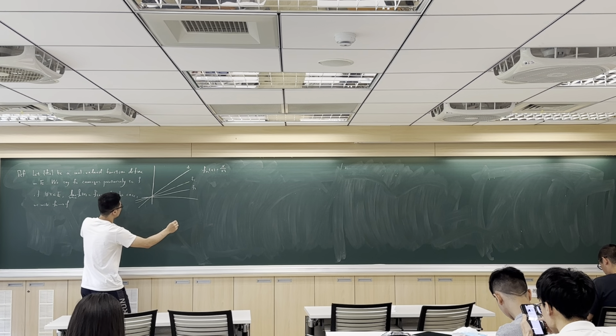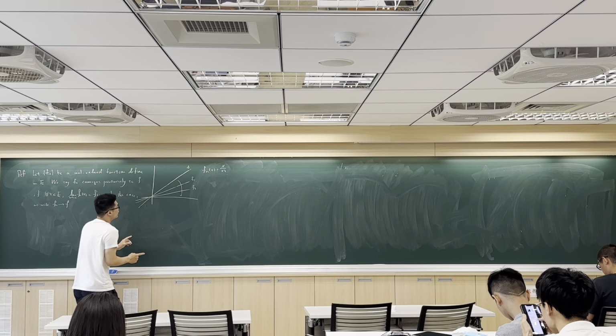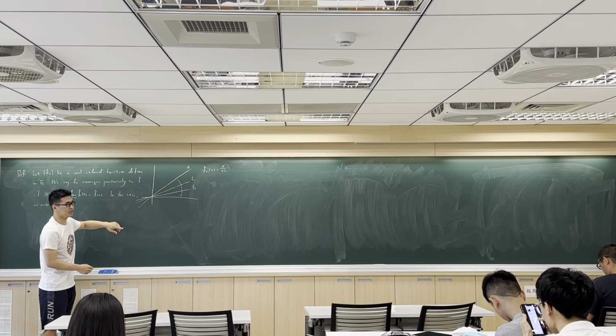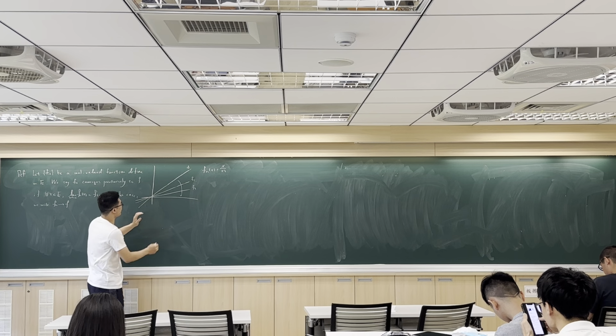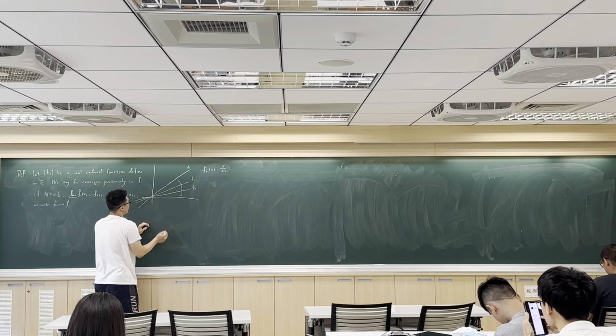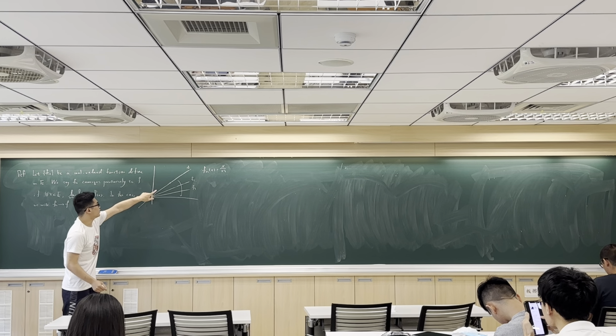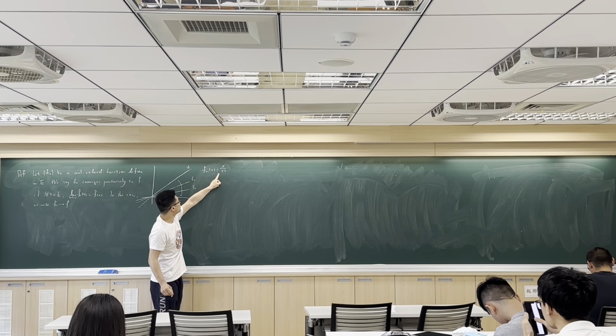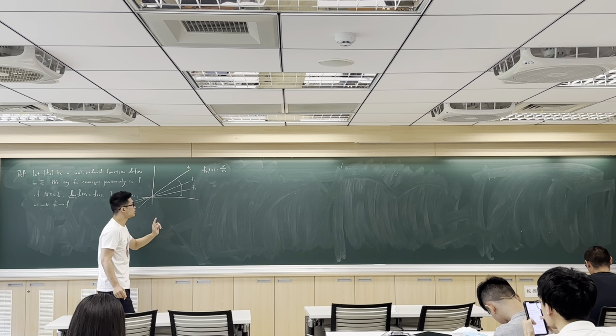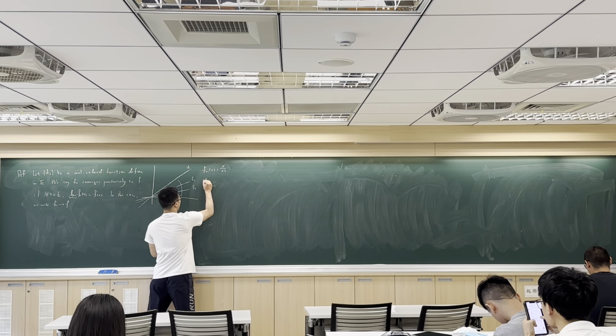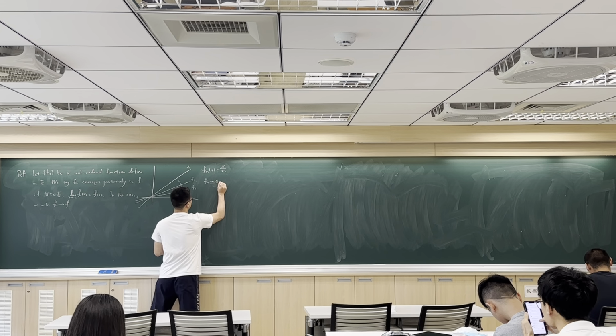So it will tend to 0 as n tends to infinity, for every fixed point x. So Fn will converge to the 0 function pointwise.